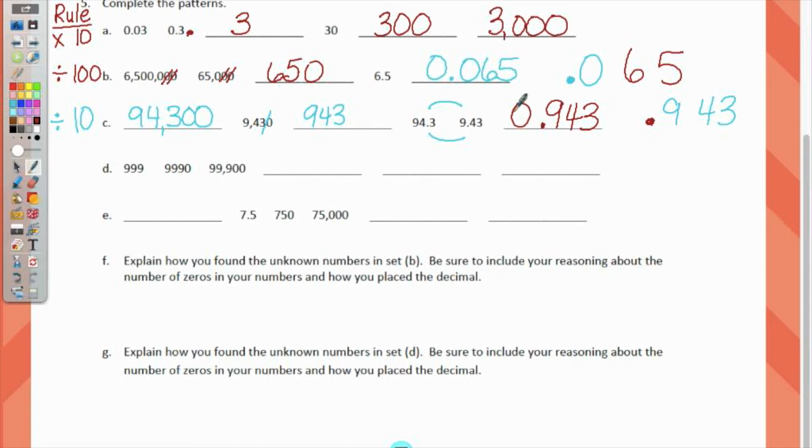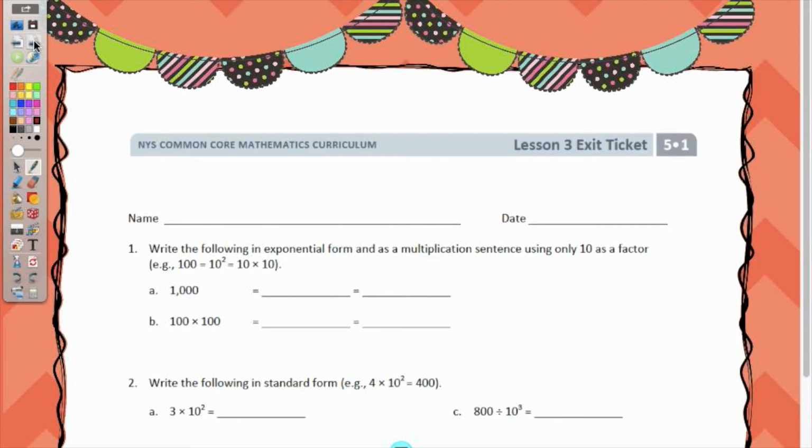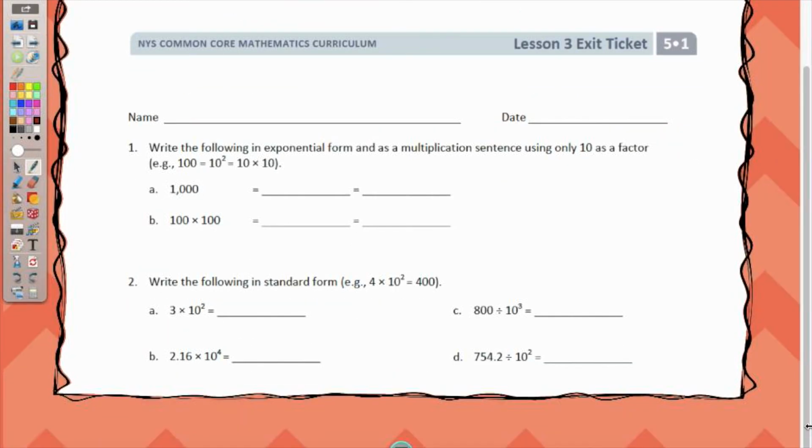So let's stop on this because it's not even on your exit ticket. Okay? And I want you to turn over to your exit ticket. And I want you to write your decimal trick here because you're going to need it.